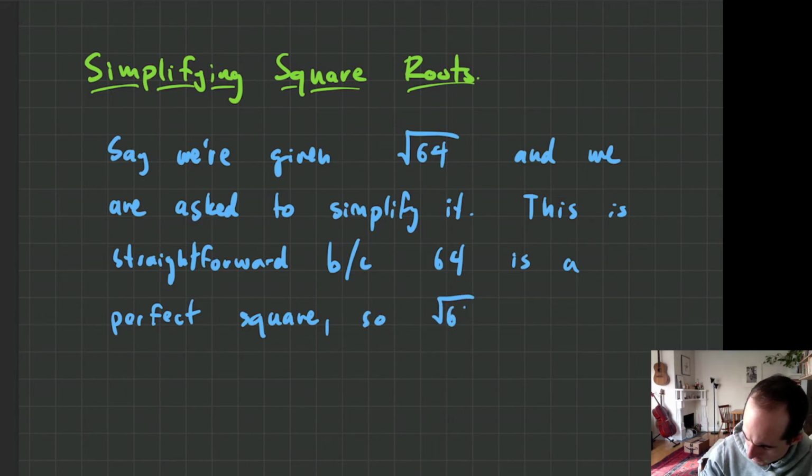So the square root of 64 is just equal to 8. There's nothing really to it.